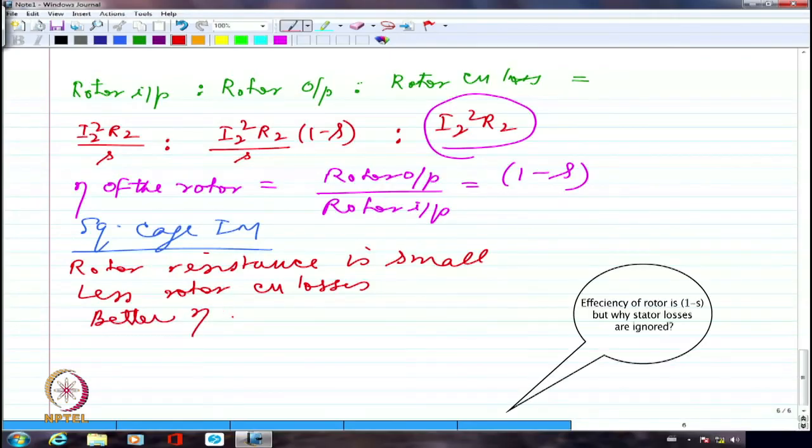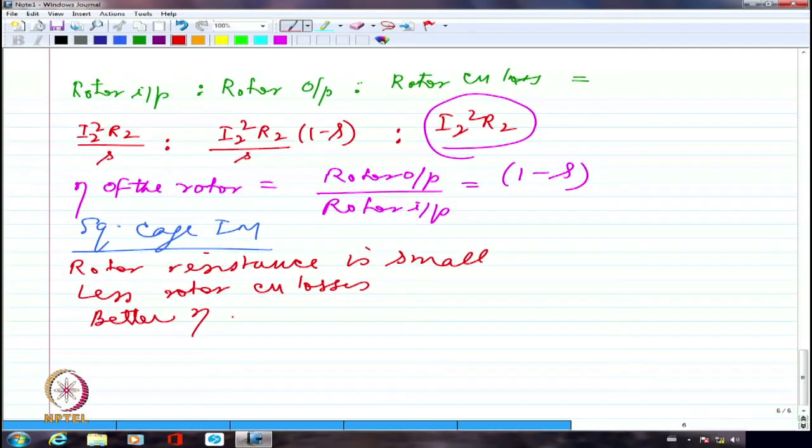Yes. Why is the expression for the efficiency of motor, why are we considering the input for the rotor and not the input we have just given to the stator? I am currently looking at the rotor. We will definitely have to look at that as well. We will have to say I1 square R1. I am specifically orienting my discussion to rotor because I want to differentiate between the two types of rotors.